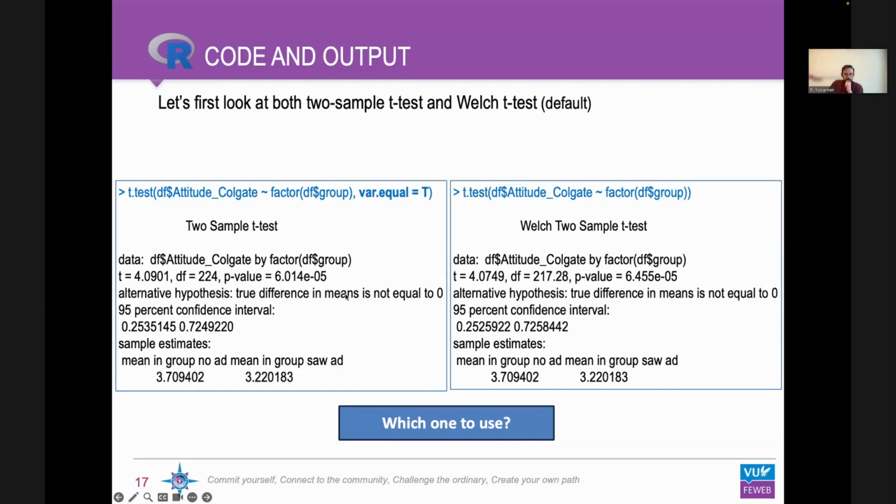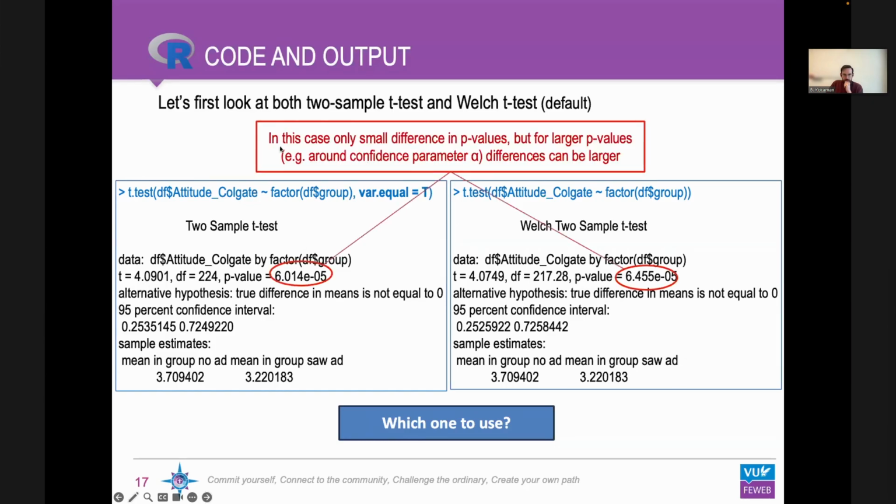If you look at the results, they're pretty close, but notice the p-value. What does var.equal equal T mean? This T means true. In R, if you write a capital T, it will change colors; you can also just say TRUE, it is equivalent.